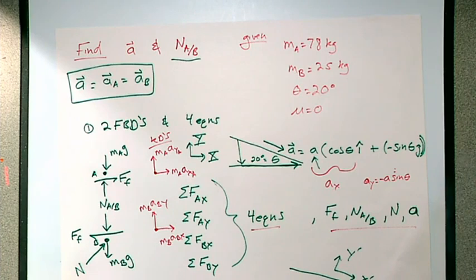I will separate to find N of AB. So, starting with the full system, I've got the mass of A plus the mass of B times gravity. Internal forces are all squeezed down and stuck, hiding in there. I don't care about those. That's what makes this easy.